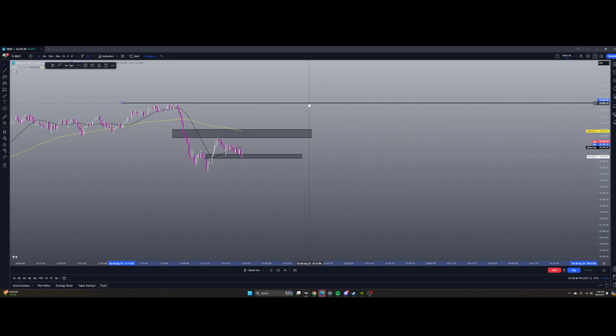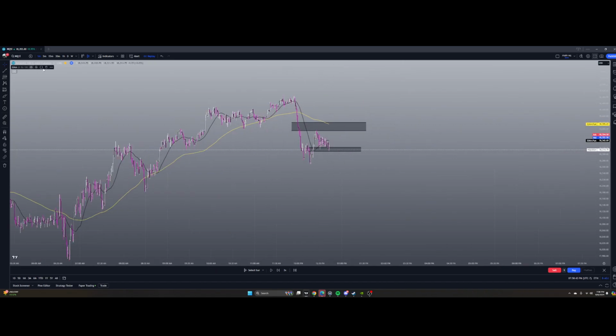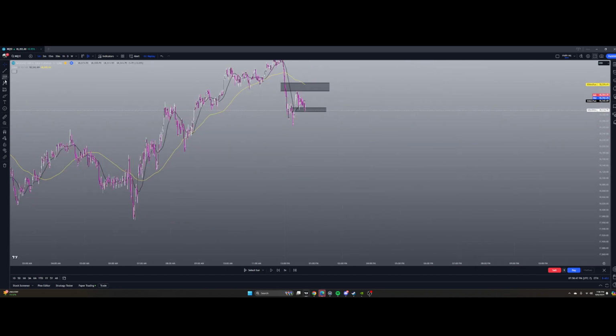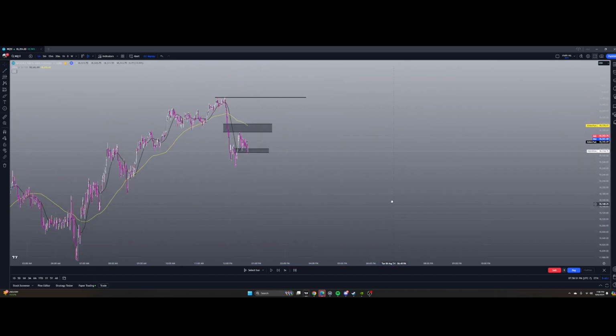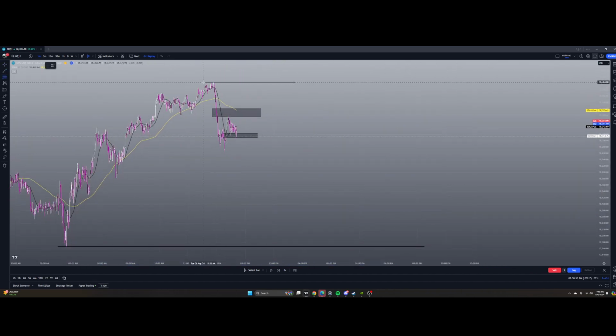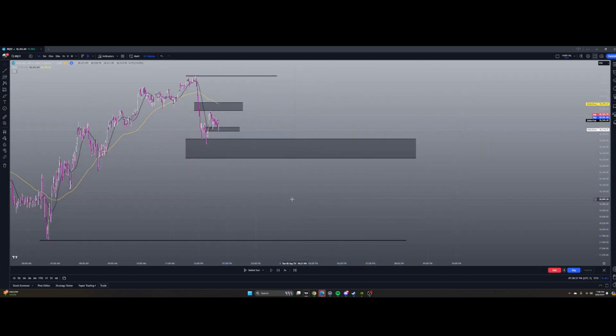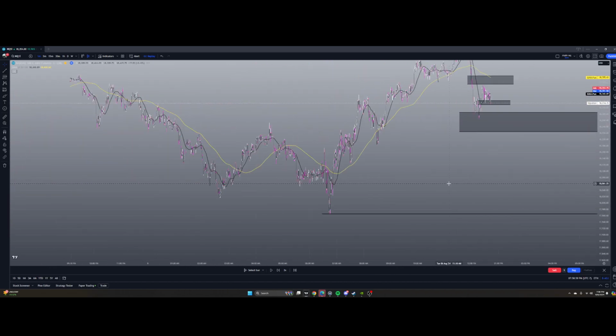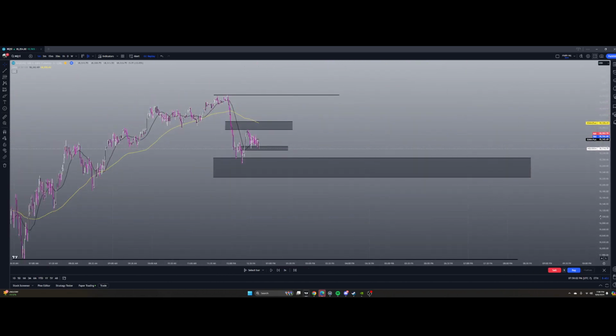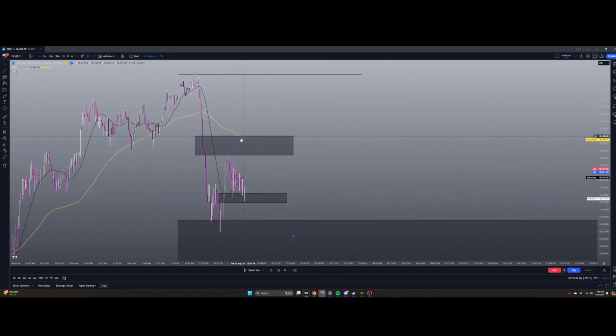We're just playing off of that, playing off of this. Something like that. And what's pretty cool too is using this previous range, you could have taken a long entry back up to this retracement.